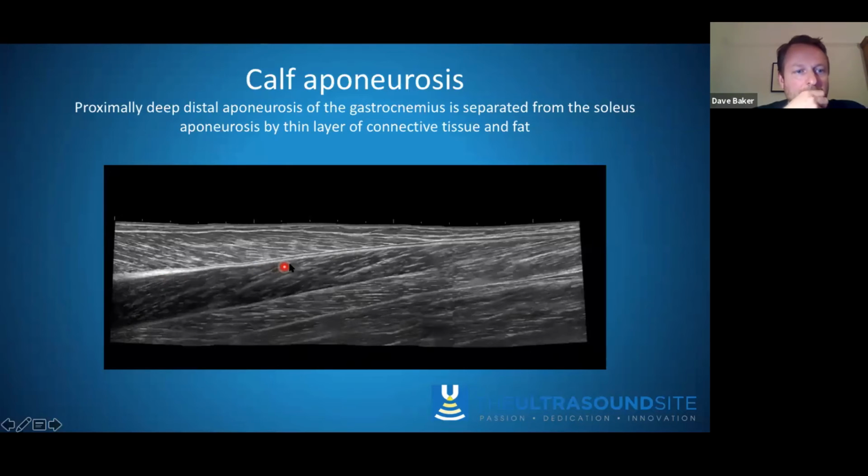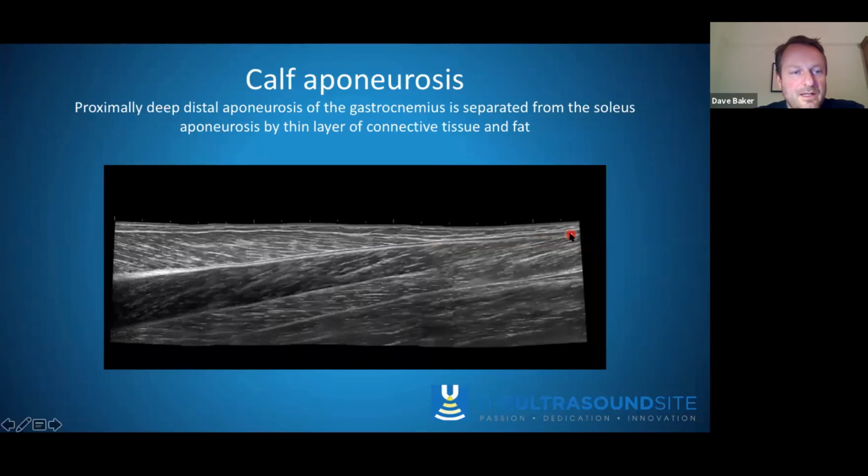Here we're seeing essentially the aponeurosis between the gastrocnemius muscle, which sits superficially here, and you've got this classic image of the muscle as it gradually gets more and more narrow and eventually blends into the aponeurosis at the top here, that's going to go off and form the most superficial part of the Achilles tendon, just to orientate ourselves there.